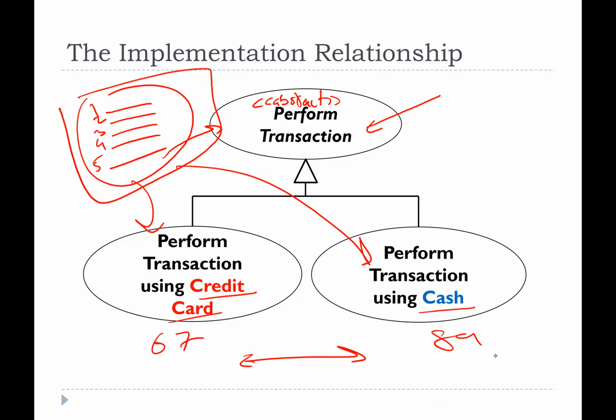And this way I save myself having to repeat the text over and over again. Same actually applies with the generalization relationship as well. And in such case, if I happen to need to change, say, step number 3 over here, then I don't have to make the changes all over the place for all the sub and children use cases.